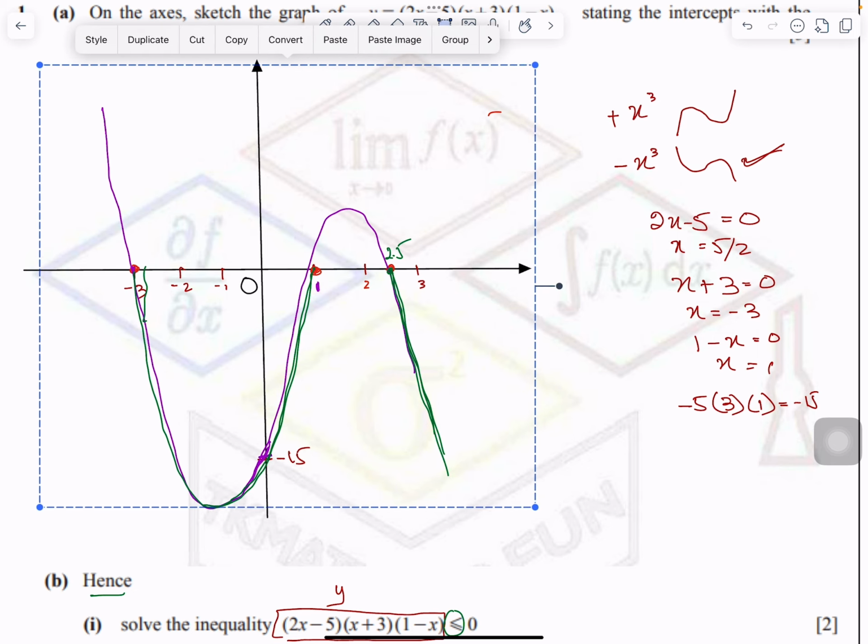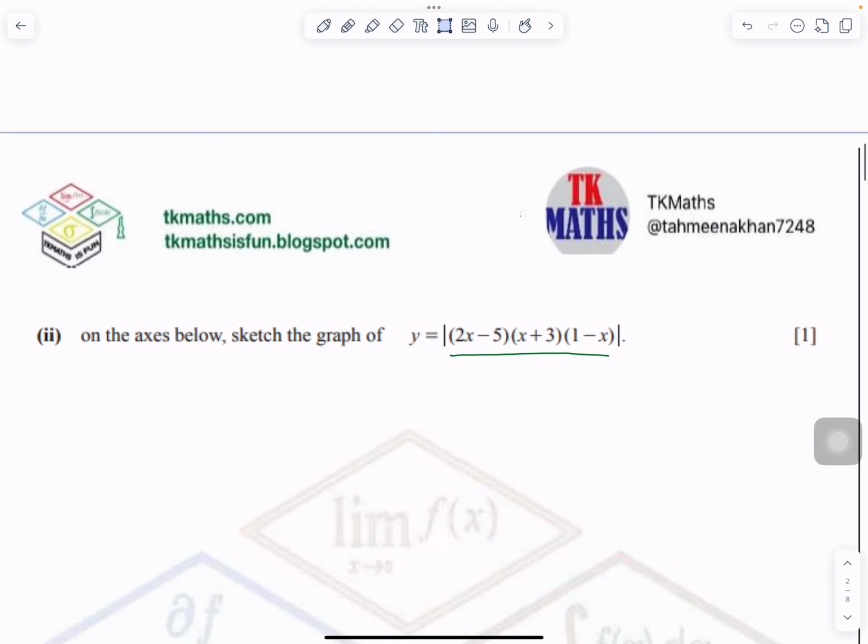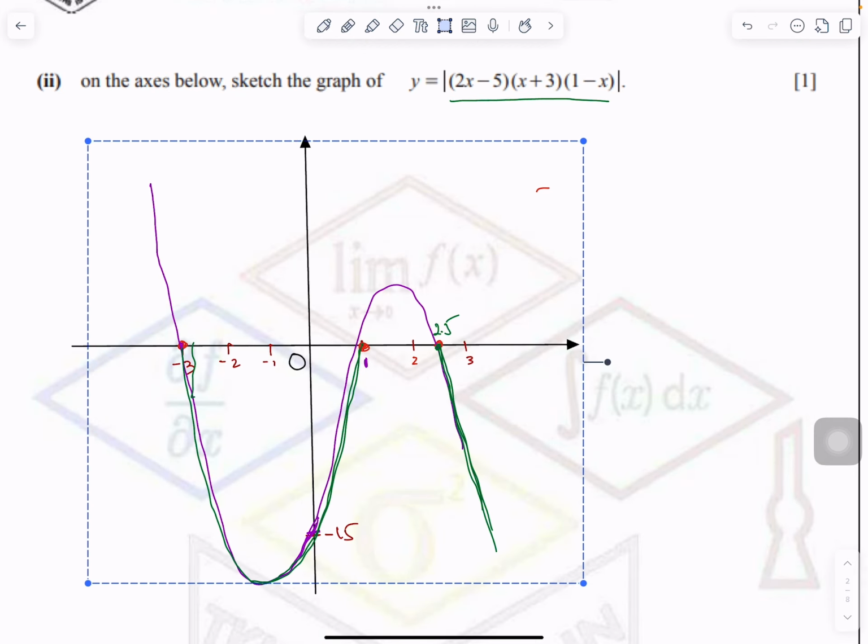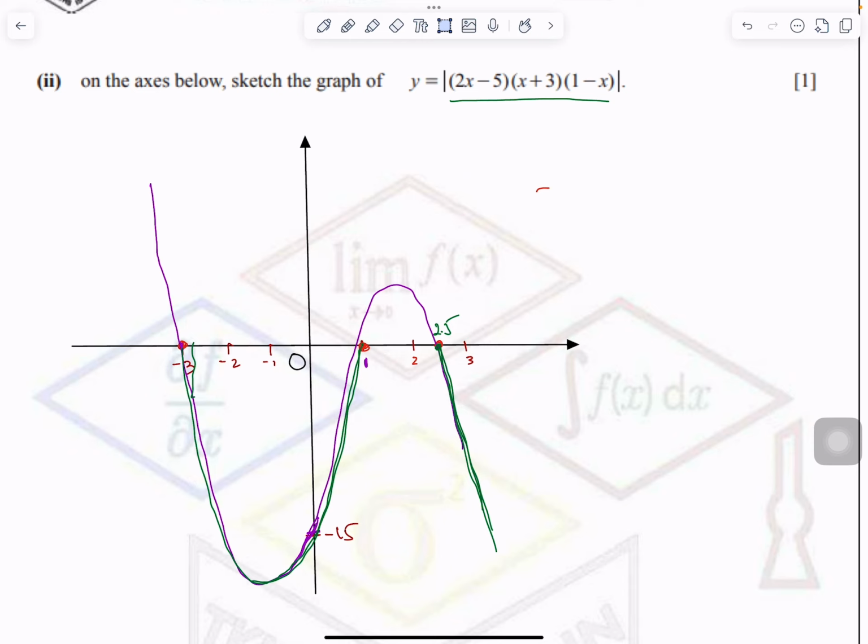Let me just copy it here. So for the modulus, the part which is below the x-axis will be reflected in the x-axis. So this minus 15, suppose it comes here as plus 15, and this lowest part will come here. So the shape of the graph will be something like this.